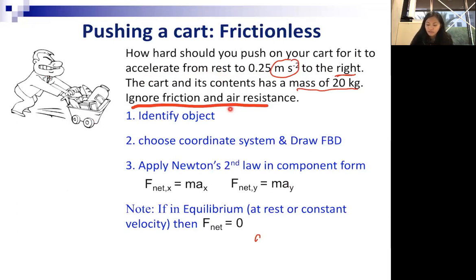First one, identify the objects, draw your free body diagram and identify which are positive and negative directions, then apply Newton's laws of motion, Newton's second law of motion. Right, so what is the object in this case? Which is the thing that experiences the forces that we need to draw the free body diagram of?